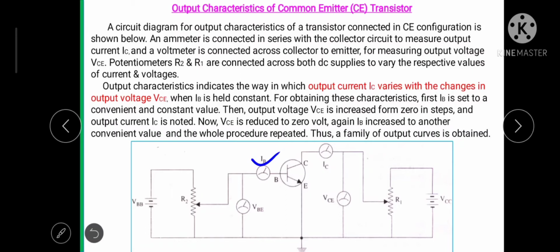Then the output voltage VCE is increased from 0 in steps and the output current IC is noted for the first set. Now again this VCE is reduced to 0 volt and IB is increased to another convenient value and the whole procedure is repeated. Thus, a family of output curves is obtained. In brief, we have to change the output voltage and note down the changes in output current for this common emitter transistor mode.